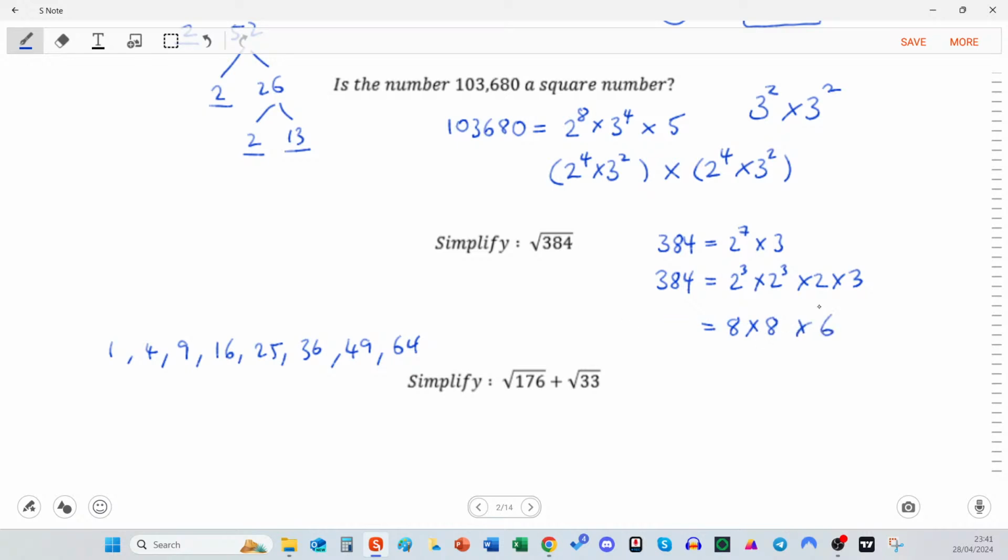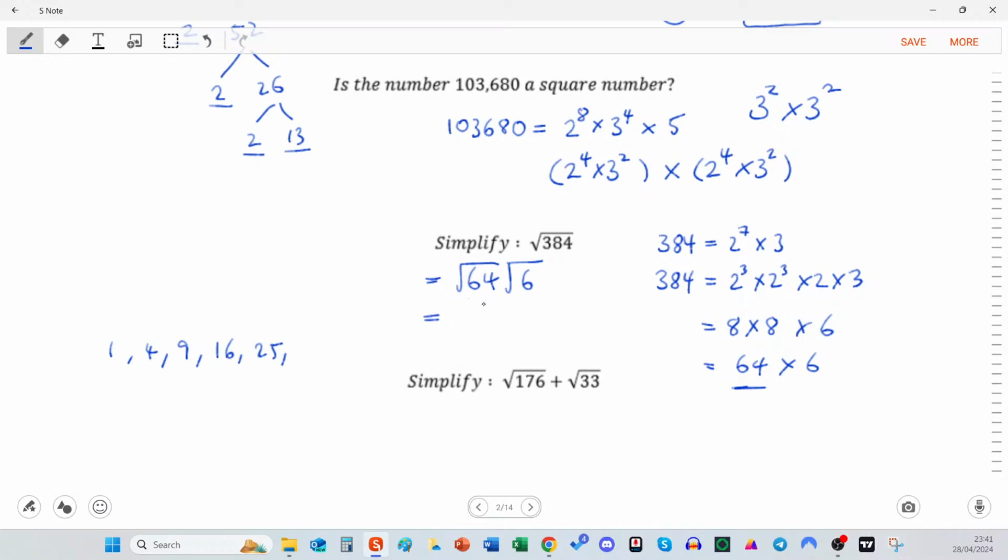There's the 2 times 3 becoming 6, and 8 times 8 is 64. So I found my square number. So 384 can be written as 64 times 6, which in surd laws means we can write it like this. It's two separate surds.